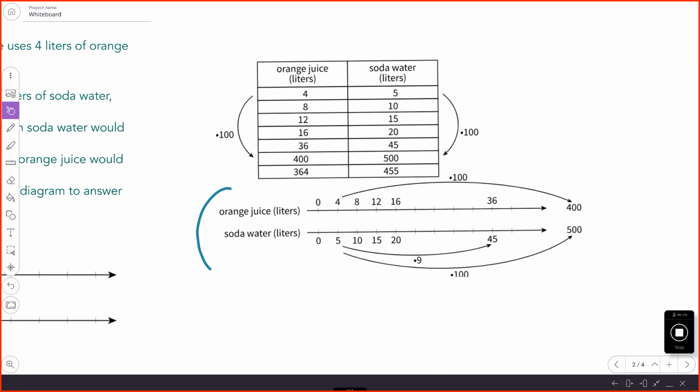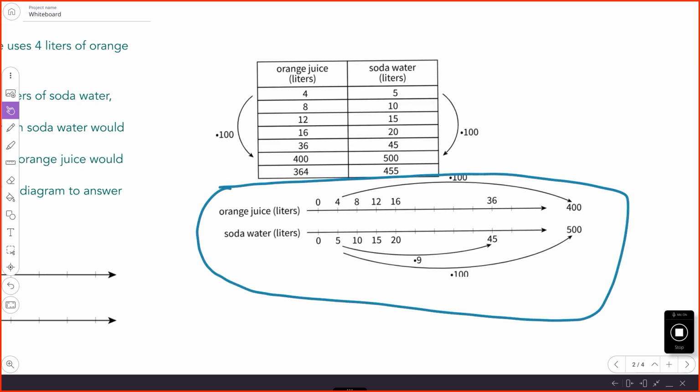We made this double number line, and they turned it into a table. Look at that. This is basically the lesson: learning how to connect these double number lines to tables. The same thing I see here is the same thing you see here. It's just a little bit more organized, okay?